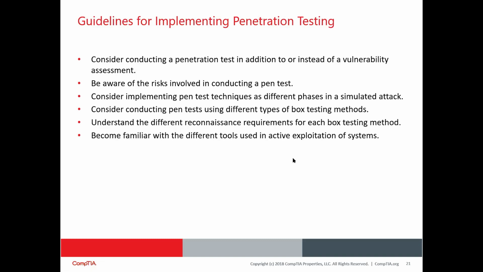For example, you can use the black box, gray box, as well as the white box. You need to understand the difference in reconnaissance requirements, specifically for black box, gray box, and white box testing methods. And make sure that you're familiar with different tools used in active exploitation.